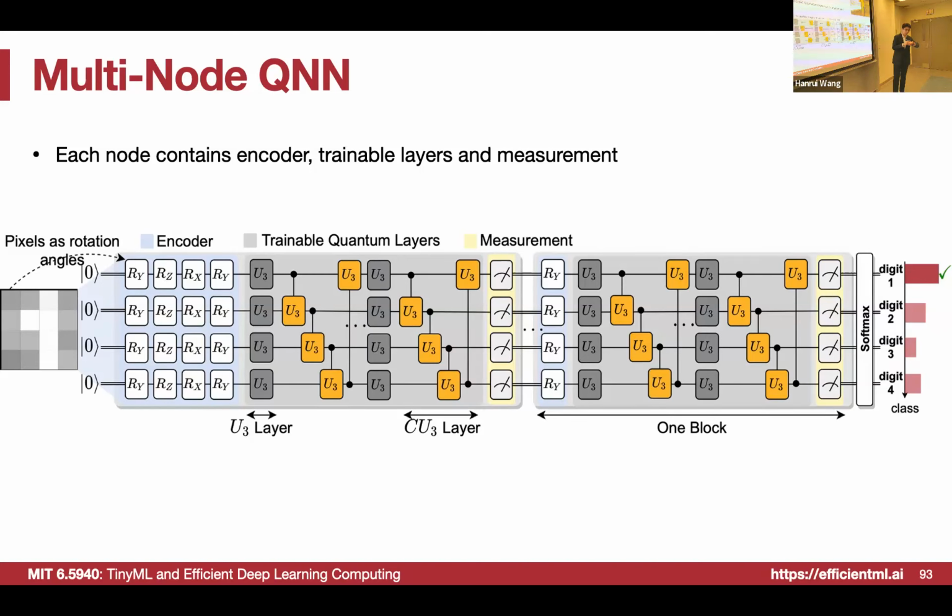And after that, we can encode this information into the quantum domain and then use several quantum layers to do the processing. And finally, after this measurement, we return to the classical domain. So actually, we can do some processing in between.